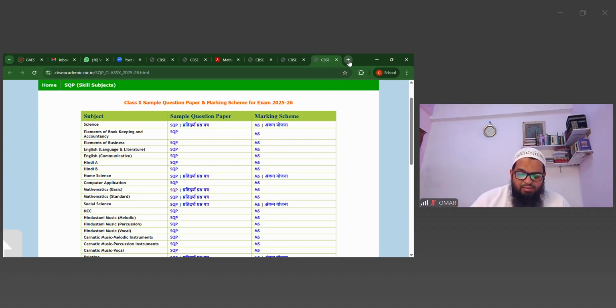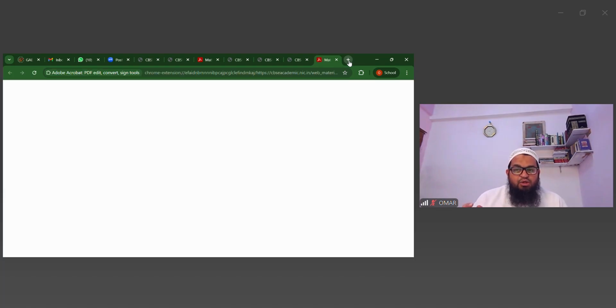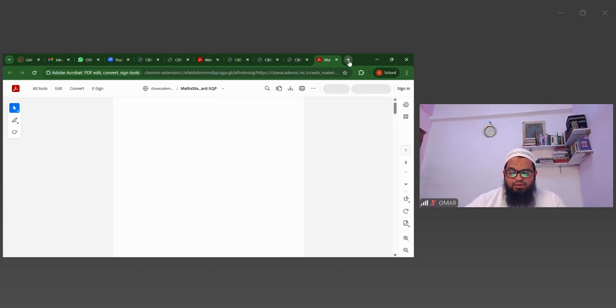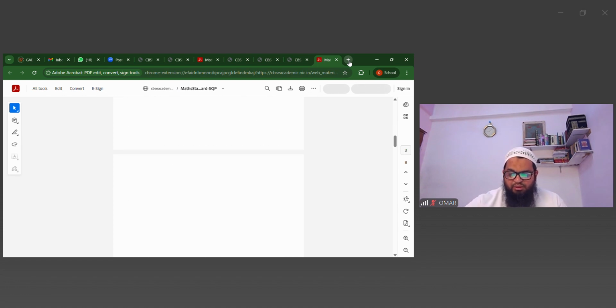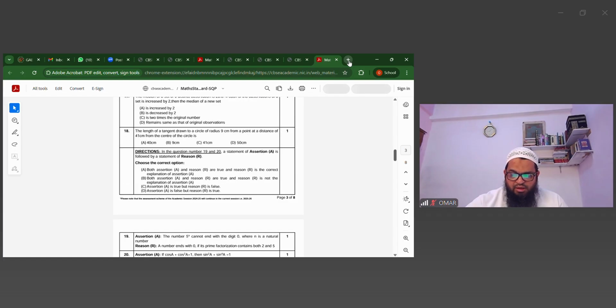When I click mathematics standard, you see SQP and also one Hindi name written over there. It is for Hindi medium, and when you click SQP, it will open up your maths standard question paper.